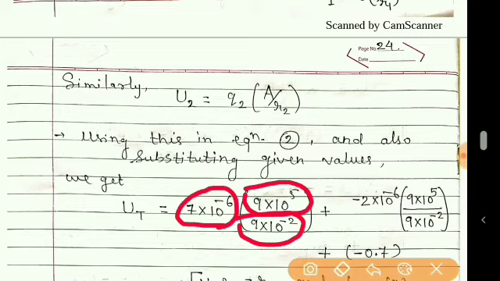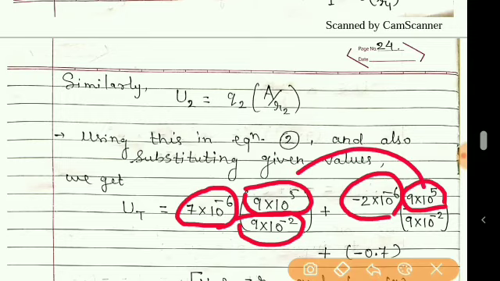Similarly for U2, the charge Q2 is minus 2 into 10 raised to minus 6 coulomb. Value of A is as it is because it is constant, same as this, and distance R2 is again 9 centimeters. So we have converted this into meter, so there is 10 raised to minus 2.